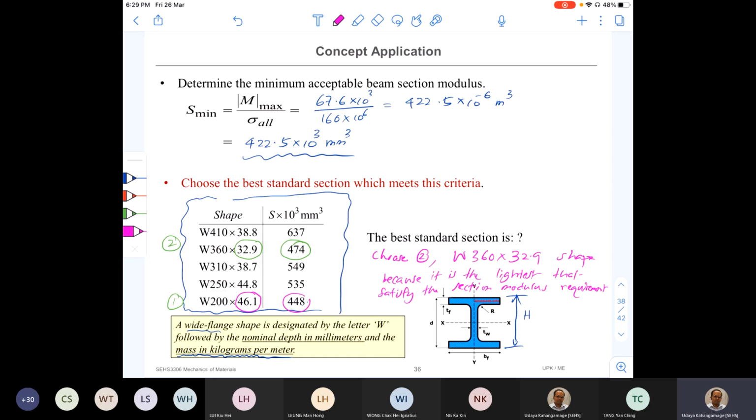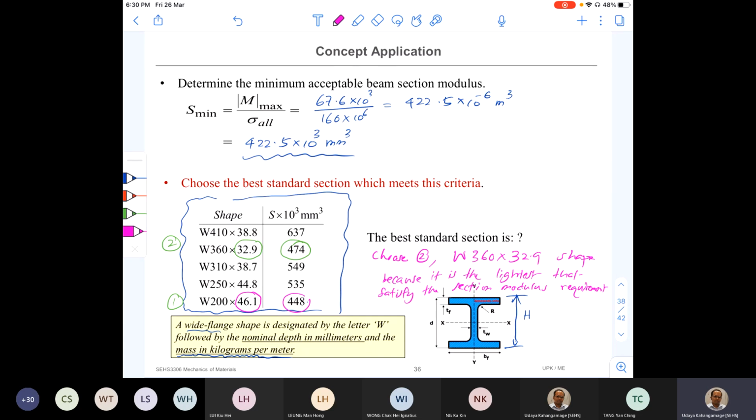But when it comes to the design, the most important thing that we are looking at is the point where the maximum bending moment is and its magnitude. So now we know how to calculate the maximum bending moment, right? Its location and also the magnitude.